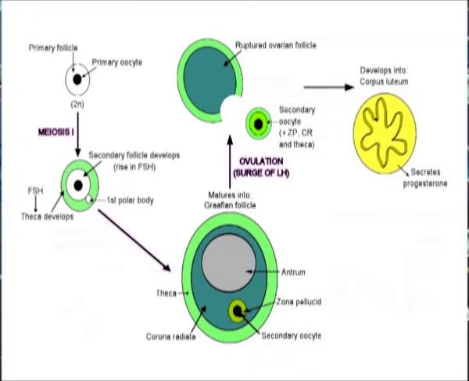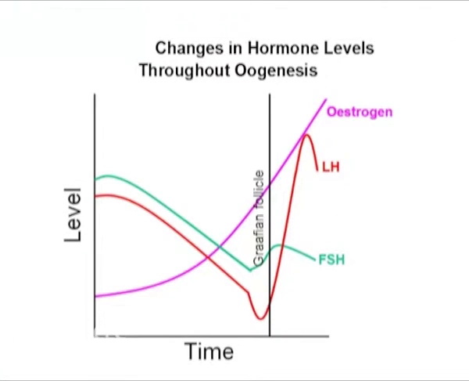The remaining part of the Graafian follicle is stimulated by LH to develop into the corpus luteum, which secretes progesterone. The rising level of progesterone inhibits the release of gonadotropin releasing hormone, which in turn inhibits production of FSH, LH and progesterone. FSH and LH act on a primary follicle in the ovaries, promoting its development into a secondary follicle.